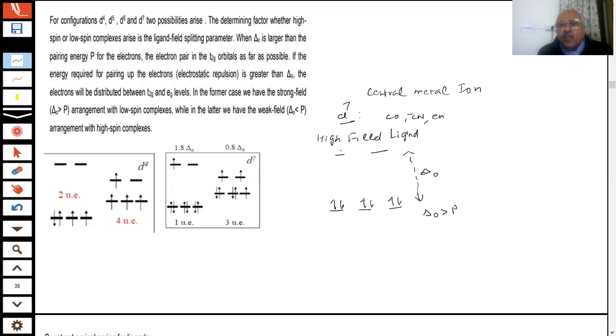And the next then goes to this. So this is the low spin complex, student. How many unpaired electrons? One unpaired electron, students.